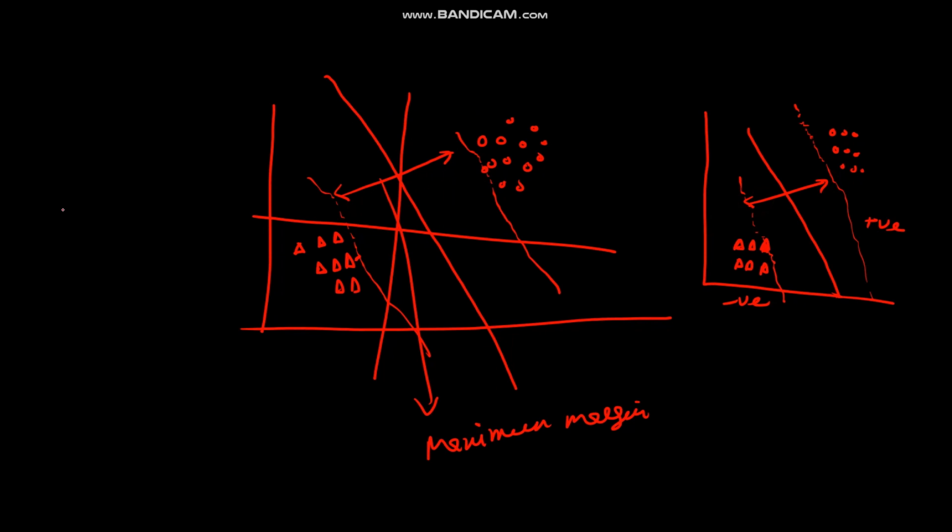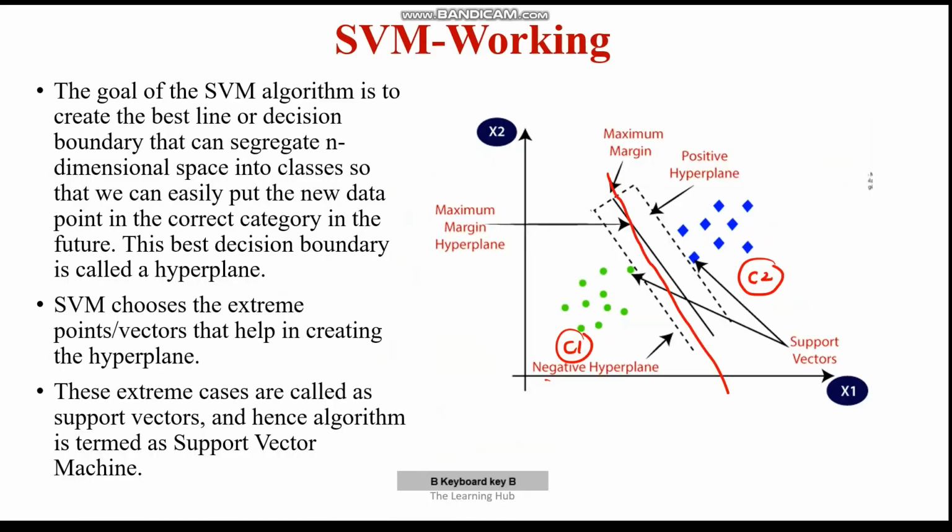Now suppose in this case we are having something like this, points over here, points over here, and we try to draw a line like this, then we are not getting that much hyperplane. Similarly, not getting in this direction.